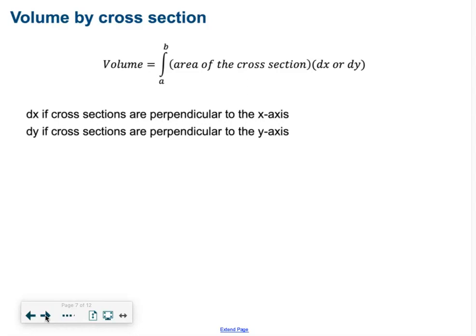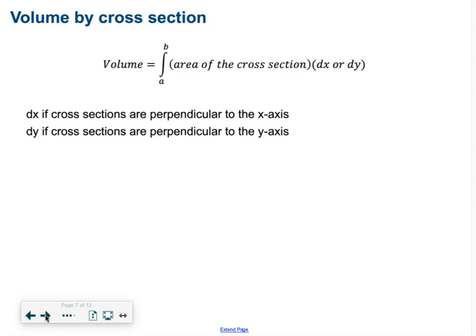Okay, so when all is said and done, volume is just the integral of the area of the cross section. If your cross sections are perpendicular to the x-axis, then you are integrating with respect to x with the dx.